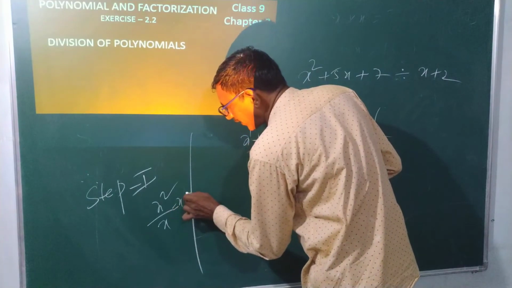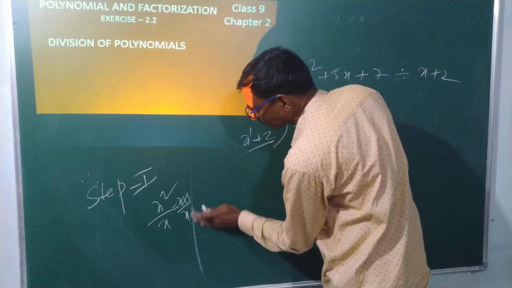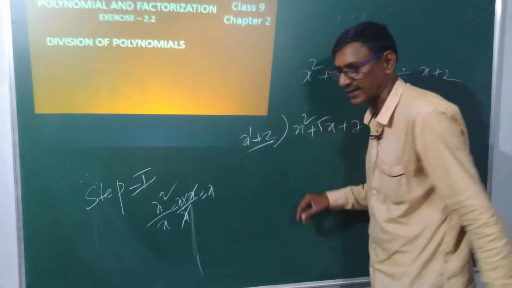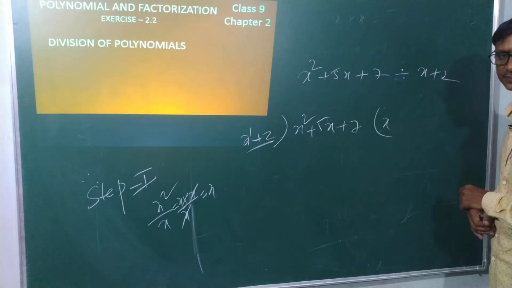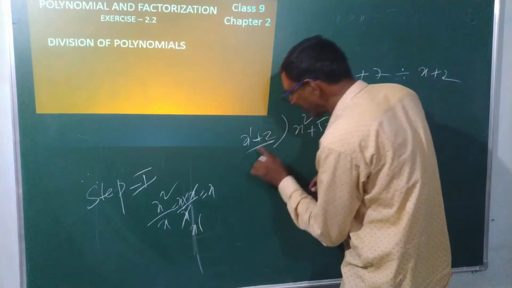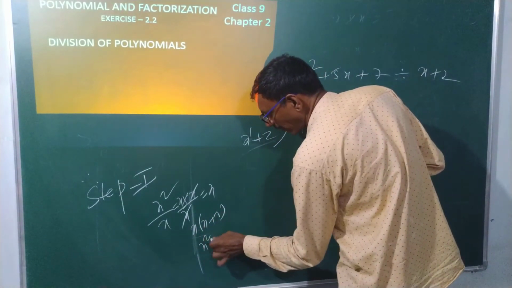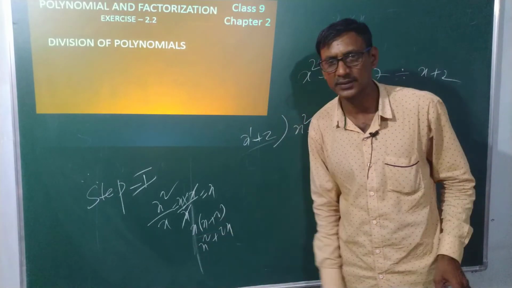x square divided by x, you can write x into x by x. x into x get cancelled, we get x. This is the coefficient, you should write it down here. And this is multiplied with the divisor x plus 2. x square plus 2x. x into x square, x into 2, 2x.